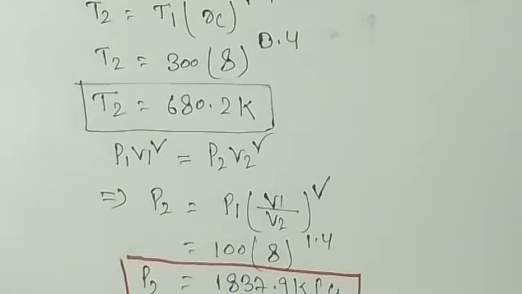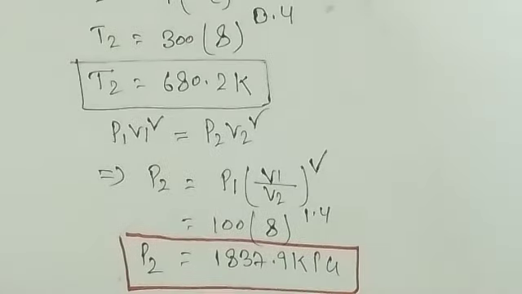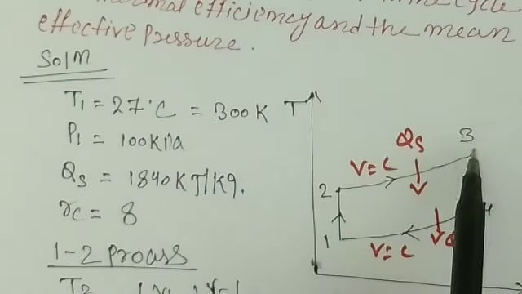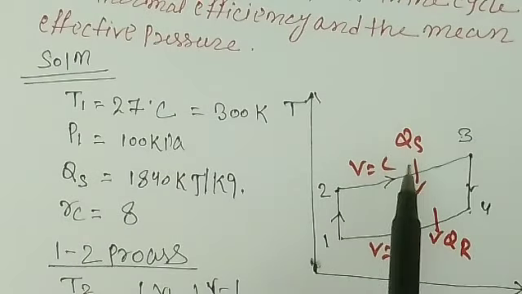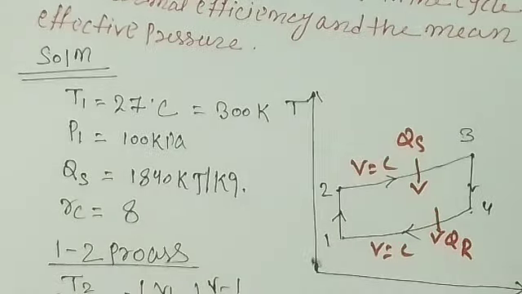So T3, how we calculate that I'll tell you. First of all we'll calculate the P3, right? For P3 you can see here that 2 to 3 is the constant volume, which means the volume and temperature are related like this.